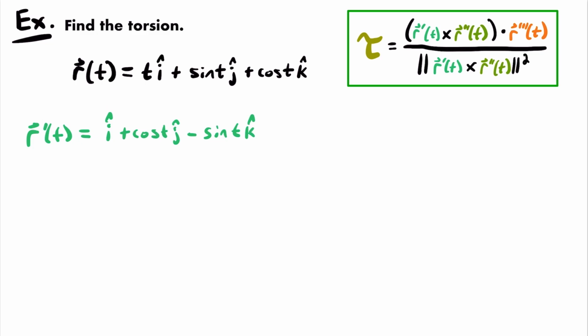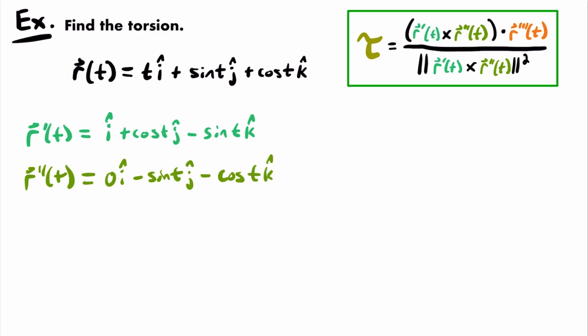Then let's take the second derivative, r double prime of t. The second derivative will have components that are the derivative of the first derivative. The derivative of 1 is 0, so we will have 0i, and then the derivative of cosine is negative sine, and the derivative of sine is cosine. So we have minus sine t j minus cosine t k.